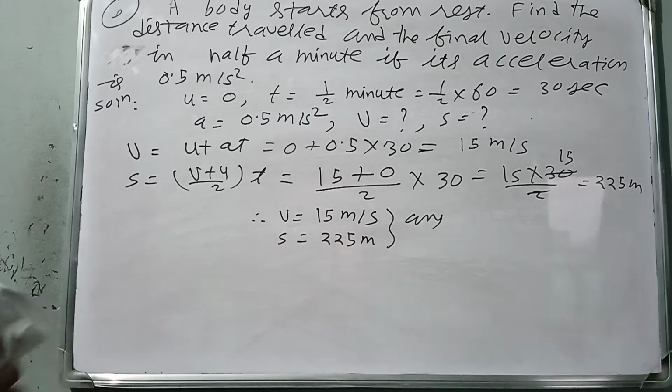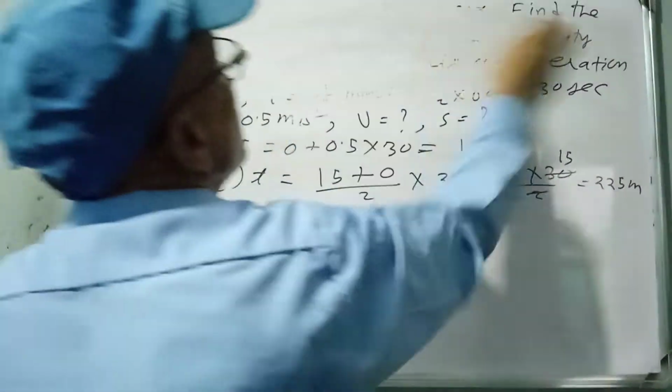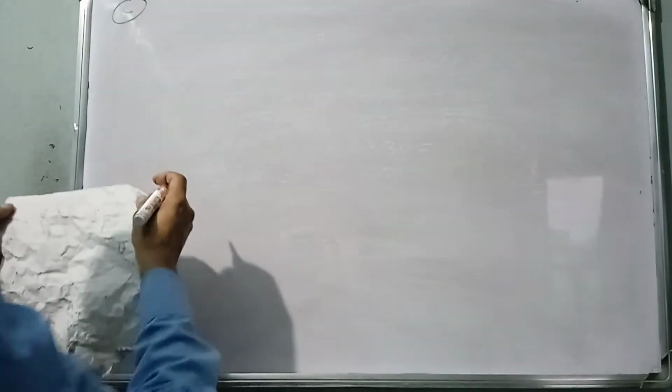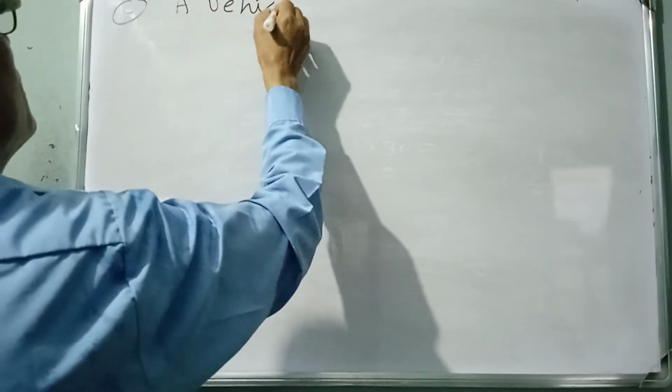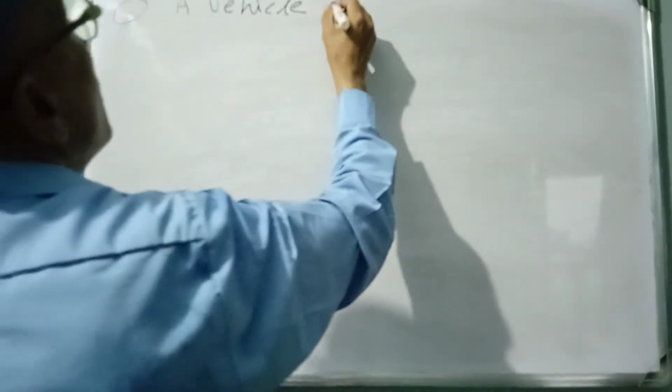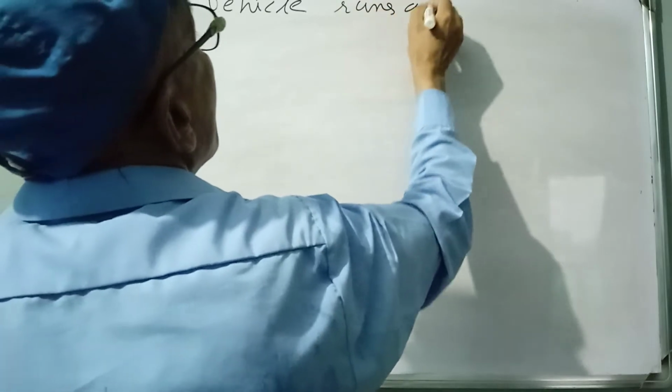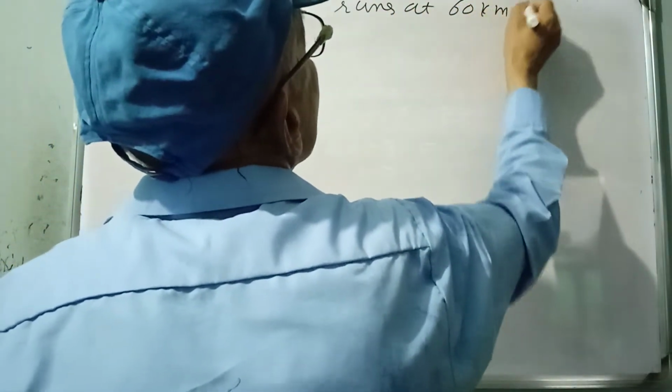There is another question. Question number B, I write down and solve. We can solve problems in two ways. See, a vehicle runs at 60 km per hour.